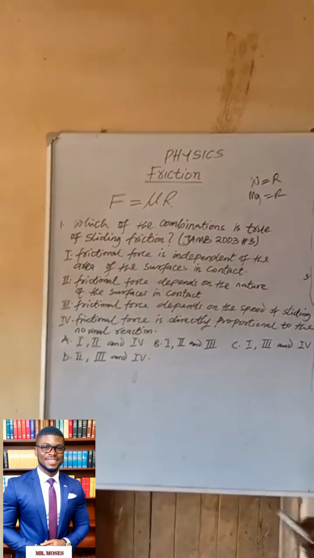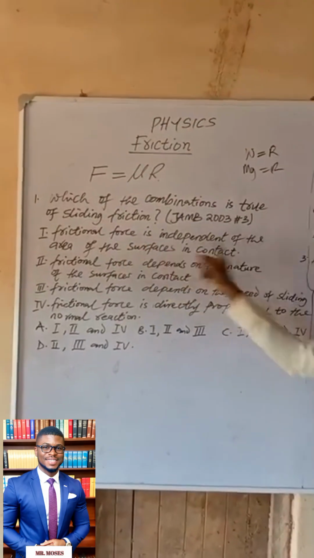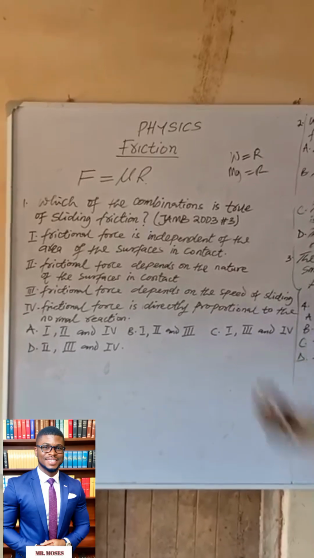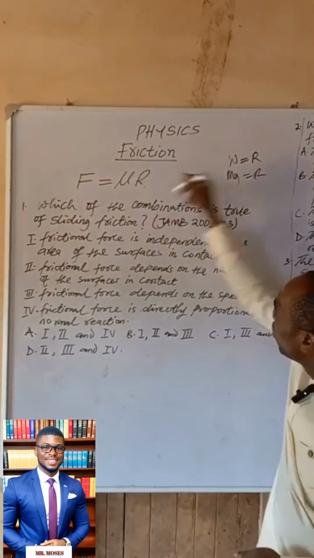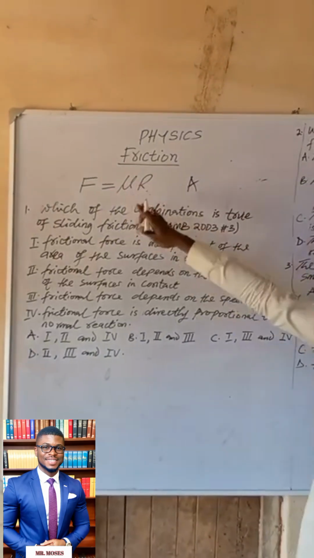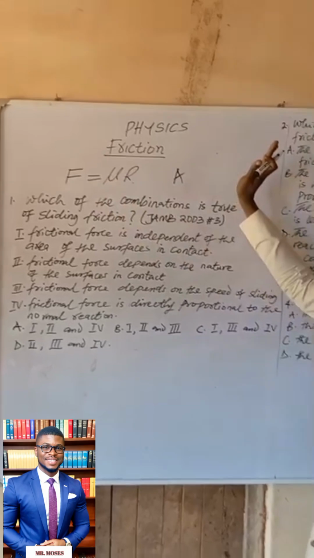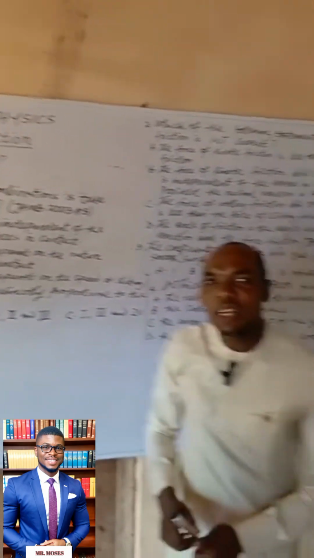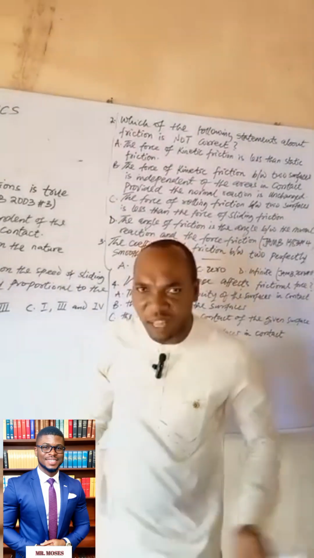Now, the first one says, frictional force is independent of the area of the surfaces in contact. You see, following the formula, there is no area in the formula F equals mu R. Meaning that frictional force does not depend on the area of the two surfaces in contact.